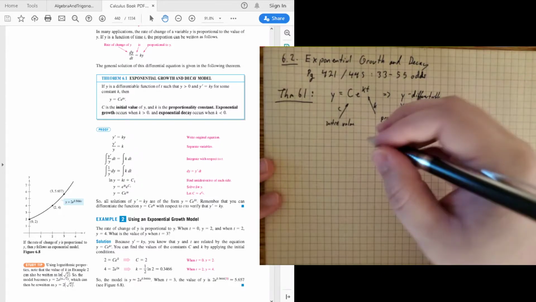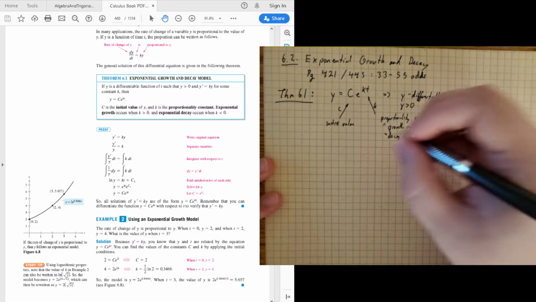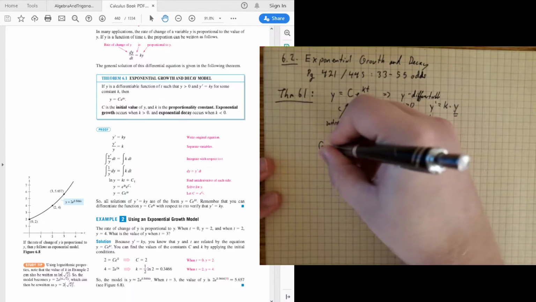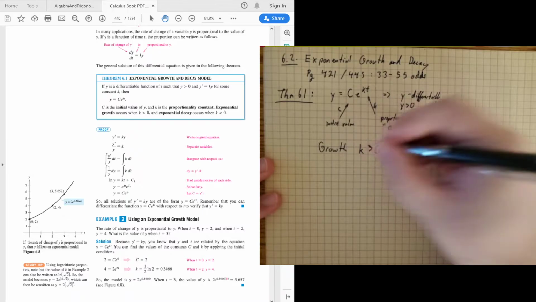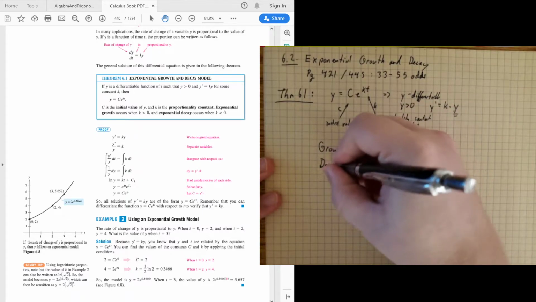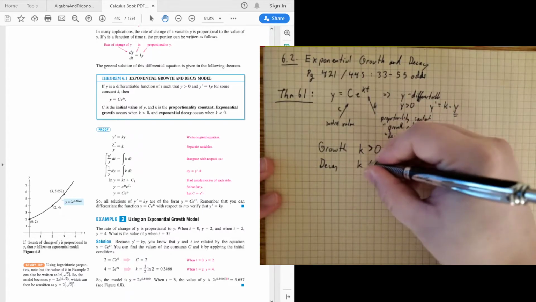Finally, the last little piece is this last line. It's considered growth if k is greater than 0, so if k is positive. It's considered decay if k is less than 0.